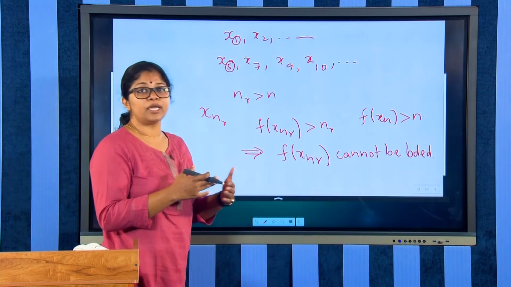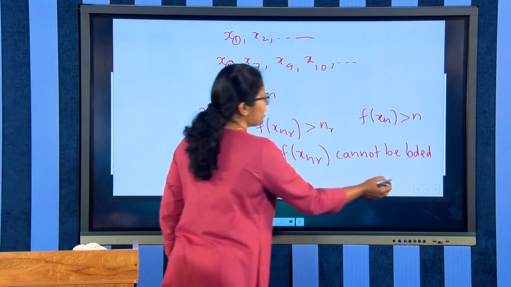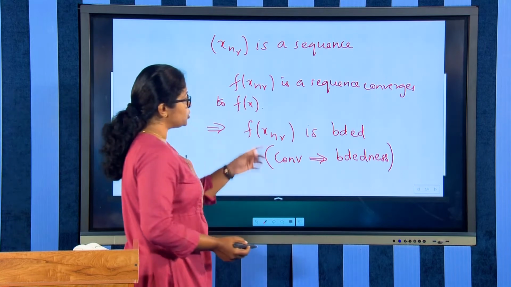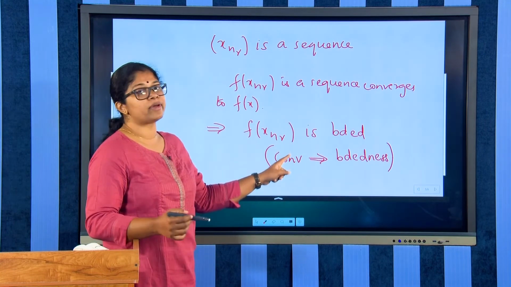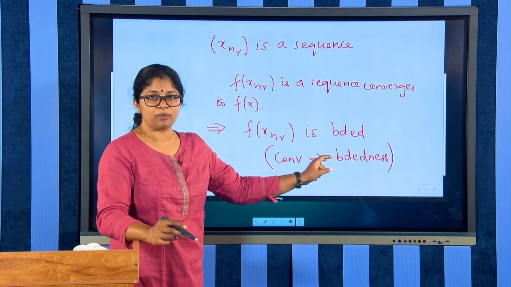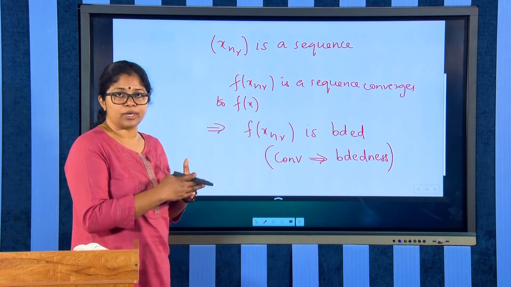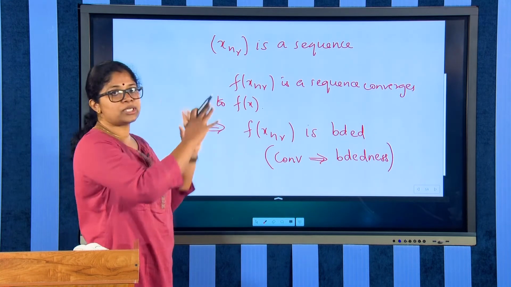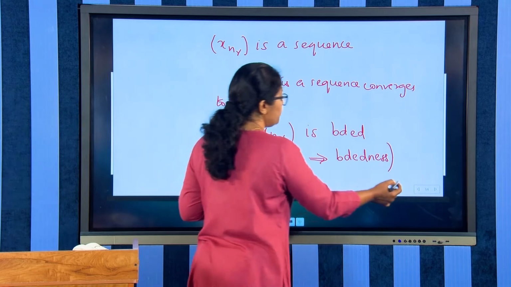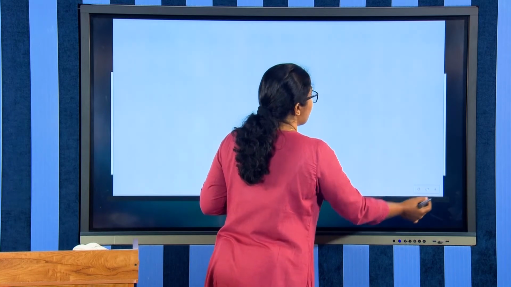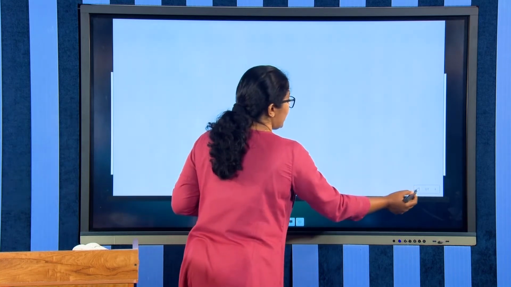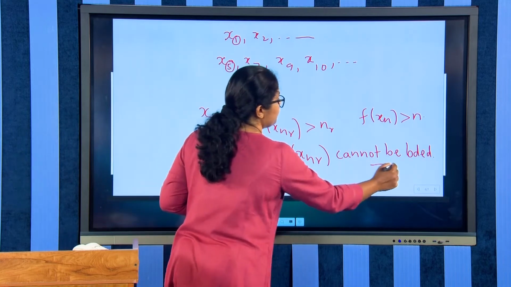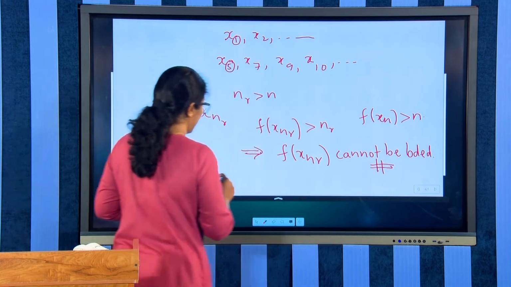But that is a contradiction, because f of xnr is a convergent sequence, and hence f of xnr should be bounded. So, we arrive at a contradiction. All our assumptions in the previous cases are wrong. Therefore, f is bounded.